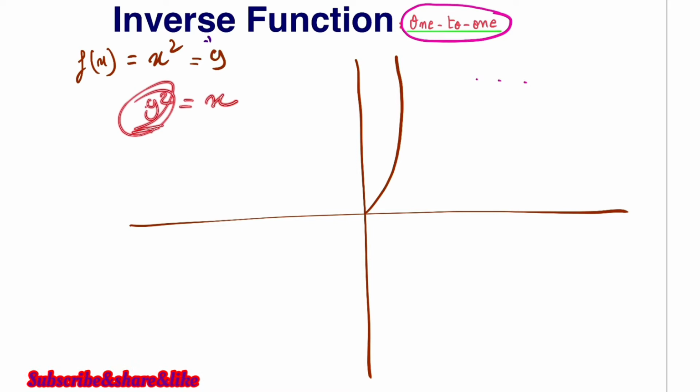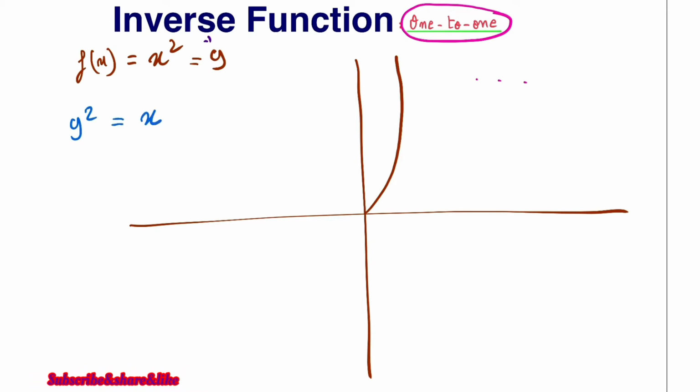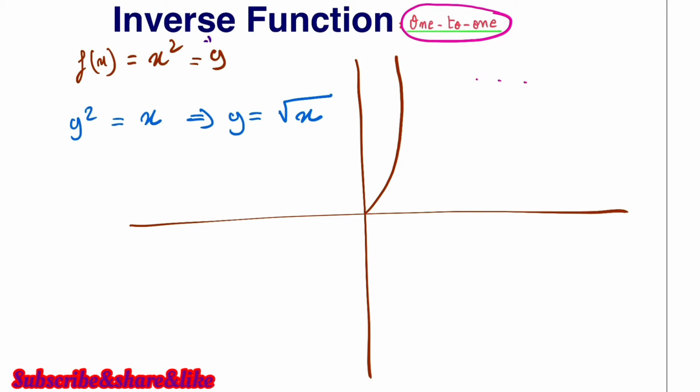So let's do that just to show you what is going on. We have y squared equals x, and we solve for y, therefore y is equal to the square root of x. So to find the inverse function for x squared, you have to find it only on the positive side, because otherwise it will be negative here.